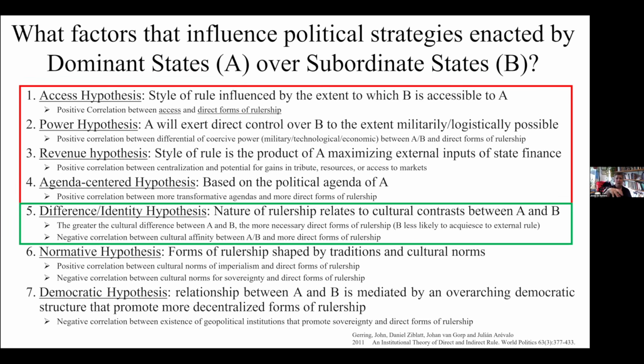Instead of Calakmul sending out people from Kanul or people from the polity to go rule over places, a lot of times they're maintaining the ruling dynasty of the new vassal and allowing them to oversee affairs of state. That said, those new polities are beholden to the metropole literally for their own political legitimacy.